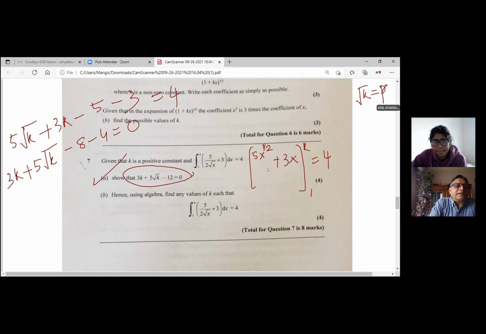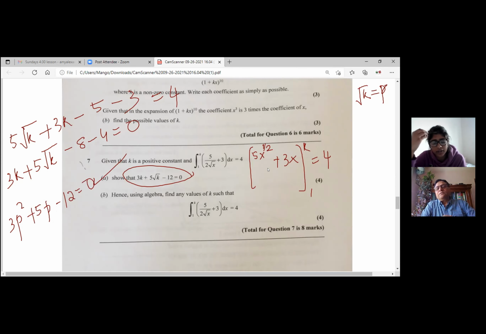So you can write this as 3p squared plus 5p minus 12 equals 0. Is that clear? You can factor this, using the formula or by factoring. You get 3p minus 4 and then p plus 3.